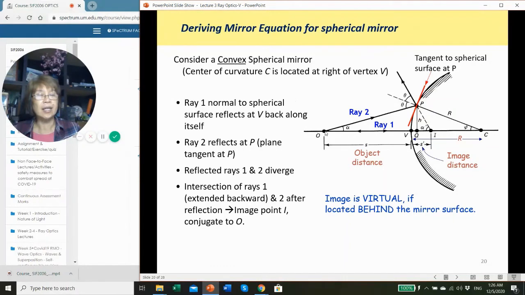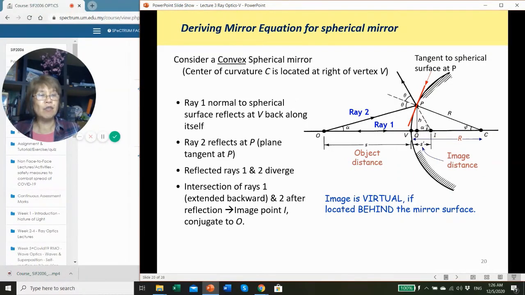Then another ray, inclined at angle alpha, coming from the object point O reaches the mirror at point P. Drawing a normal, which is a radial line, we will then have the reflected angle equal to the incident angle, and this will be the reflected beam. Projecting that backwards, it will cut the optical axis at point I, and that's where we locate the image, the intersection between ray 1 projected backwards and this one.